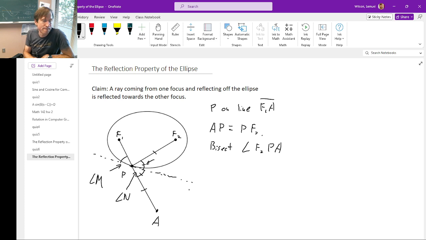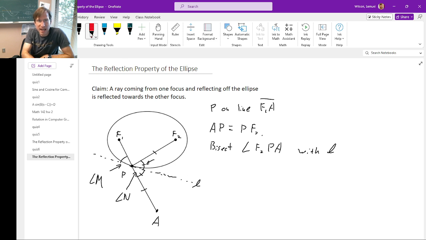All right, well, to show that it's tangent to the ellipse, first of all, it has to go through the tangent point P, which it does, because that's part of how we constructed the bisecting line, right? This bisecting line L. So let me name the line L. So it has to go through P just because that was part of how we created the line L. The next thing to show is that no other point on the ellipse is on this line, right?